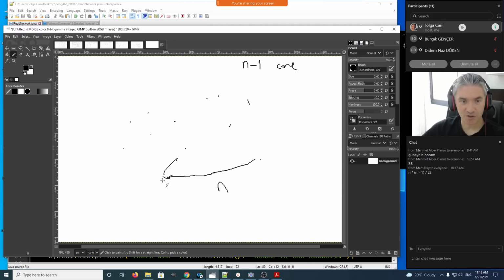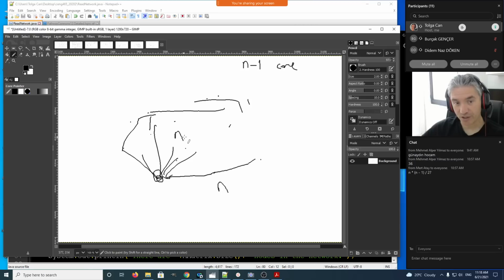because there is no central node here. I'm considering all the n nodes. If all of them are connected to each other, every one of them will have n-1 connections, okay? So in a subgraph, the minimum of the degrees of those nodes is your core number, your k.